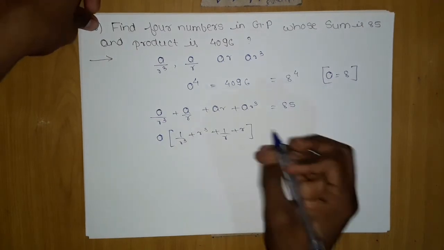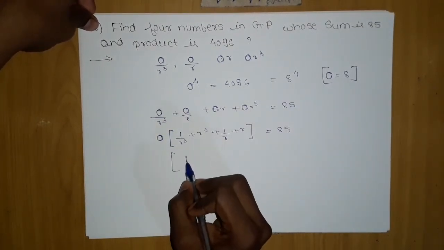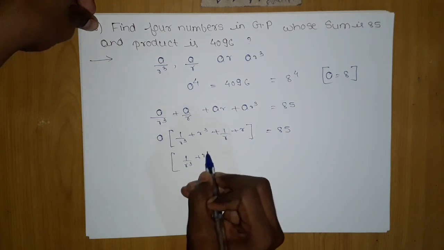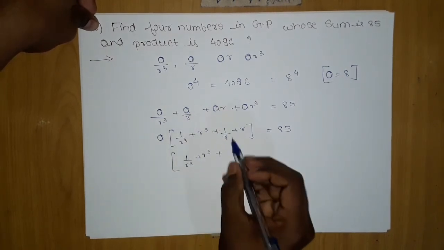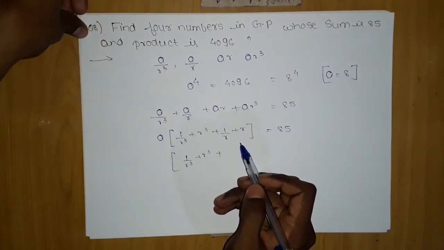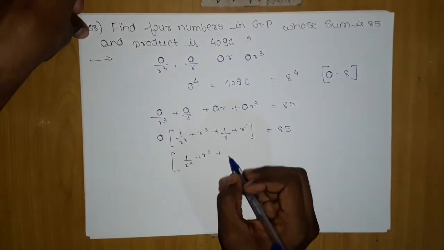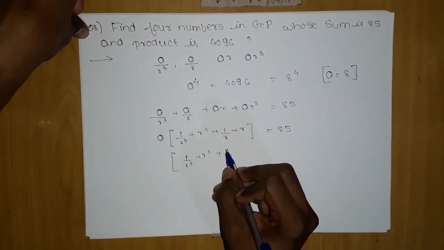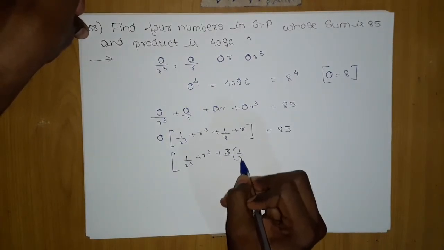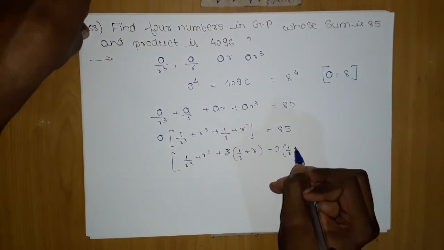Here you can see a cube formula forming. So we will try to form the cube formula, which is 1/r^3 + r^3. If I add here 3(1/r + r), and subtract 3(1/r + r) as well.